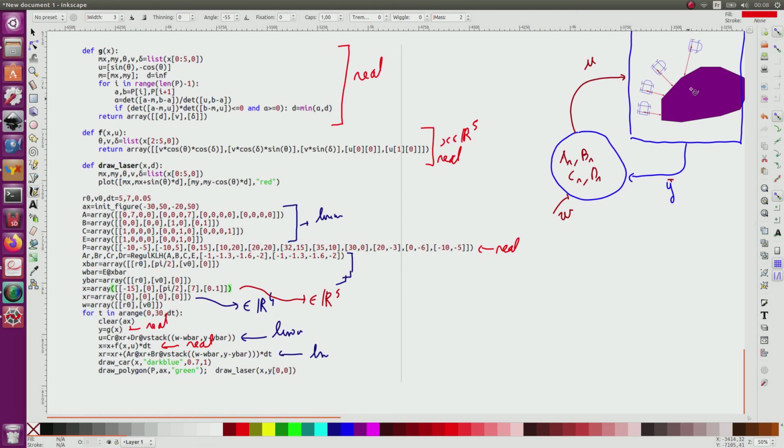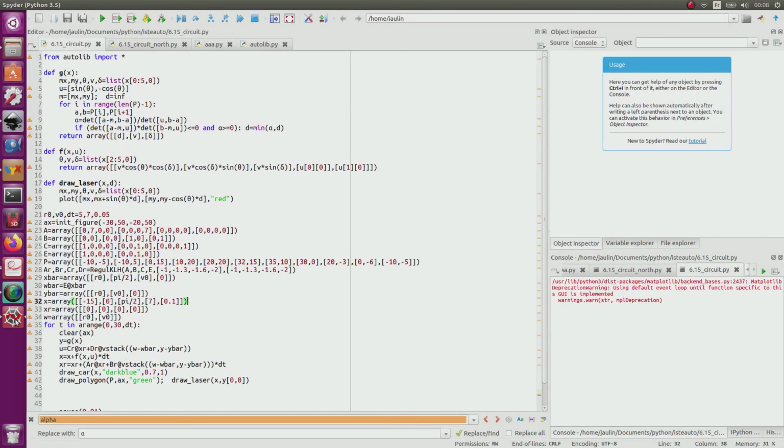So this is the real system, and this is a linear controller which imagine inside its behavior a linear world. So let me propose a Python simulation, which is given here. I run it.